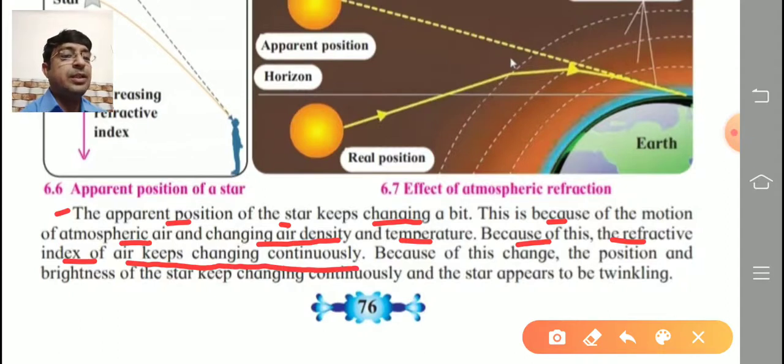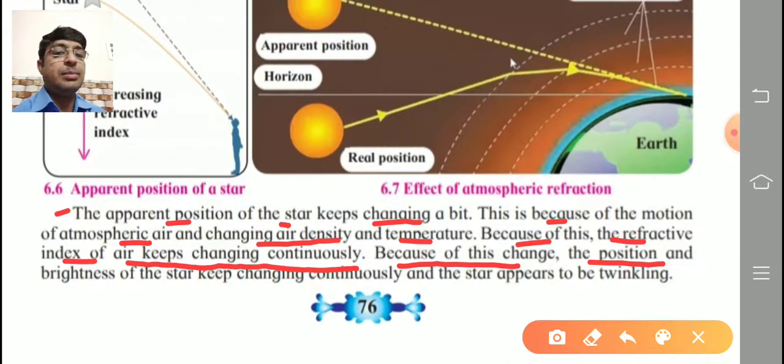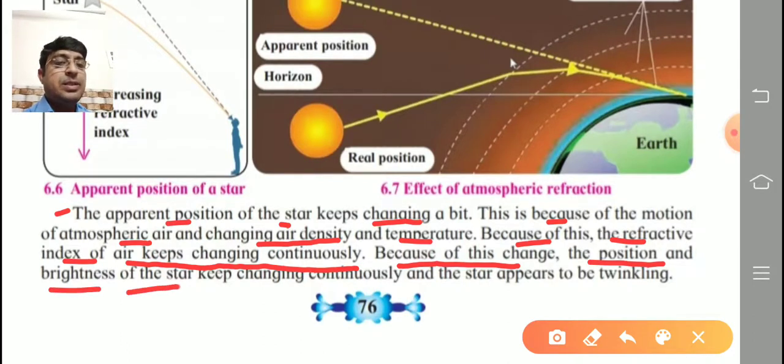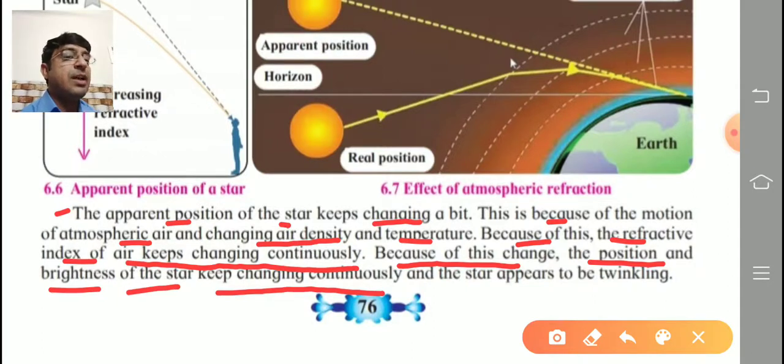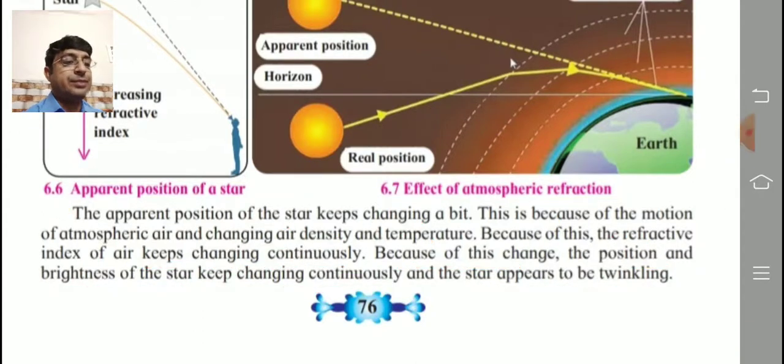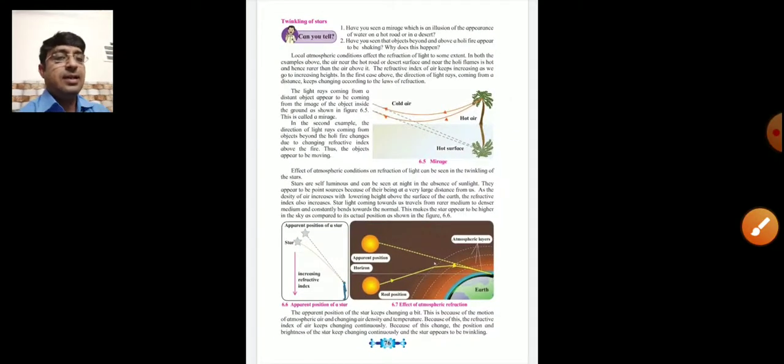And last point, because of this change, the position and the brightness of the star keep changing continuously, and that's why the star appears to be twinkling. So this is the answer, right, point-wise when the question is asked in the form of give reason.